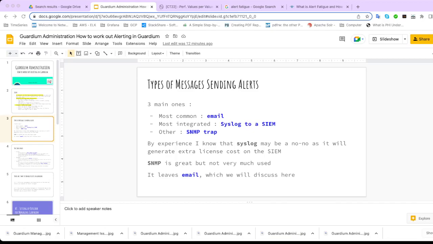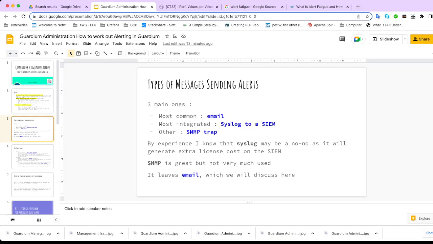Okay, so there are three main types of message to send alerts. The most common one is email. The most integrated one is syslog to a SIEM. And there is another one, which is an SNMP trap. By experience, I know that syslog may be a no-no as it will generate extra license cost on the SIEM.